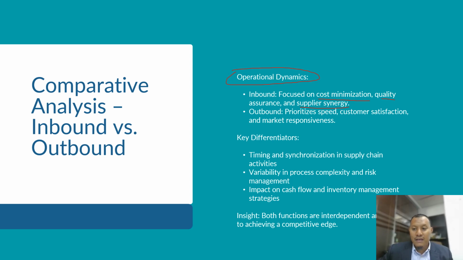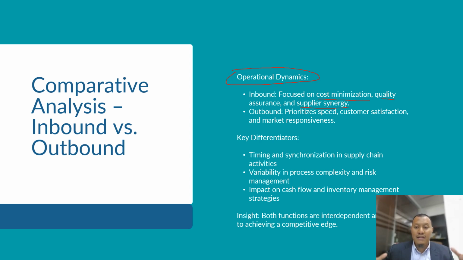Both functions are interdependent to achieve the competitive edge. Inbound is very important and outbound is very important as well. If you do not handle inbound logistics in a good way, it will affect how you do the outbound logistics.